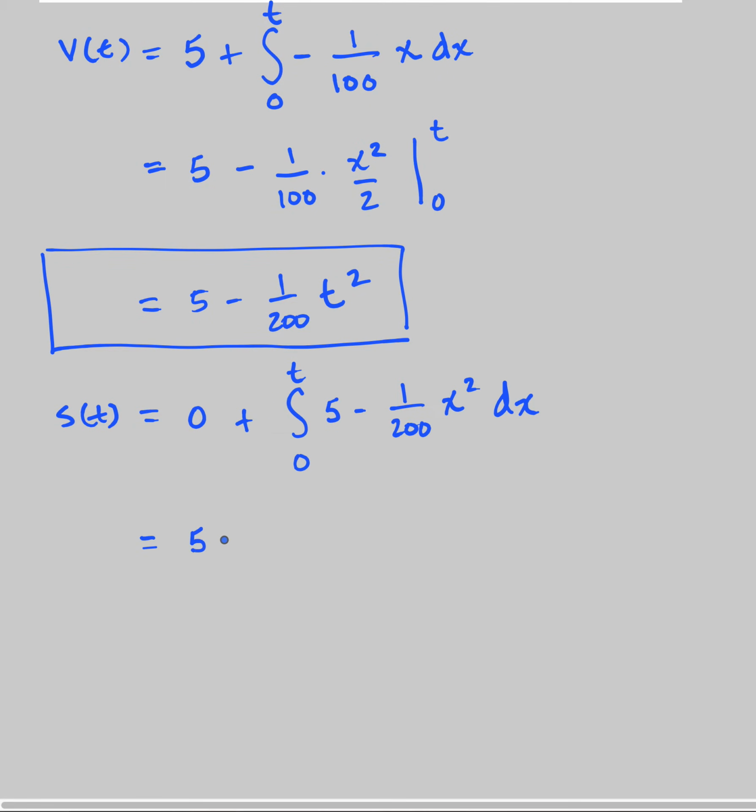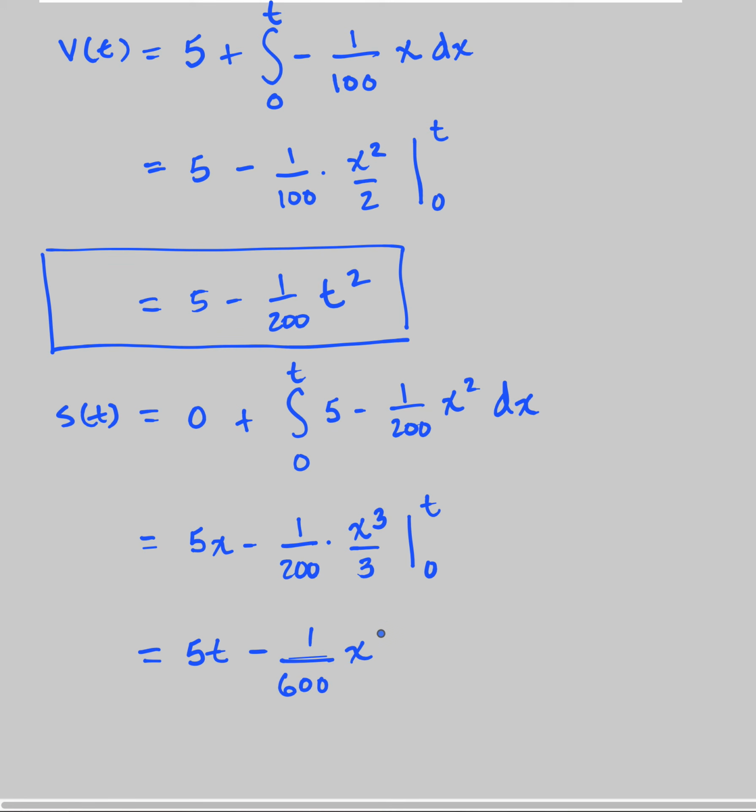So the integral of 5 is 5x, and then over here we can leave the constant in front and integrate the x squared, giving x cubed over 3, and this will be evaluated from 0 to t. The antiderivative evaluated at 0 is 0, so we just have to focus on substituting a t in for the x, and our denominator here becomes 600.